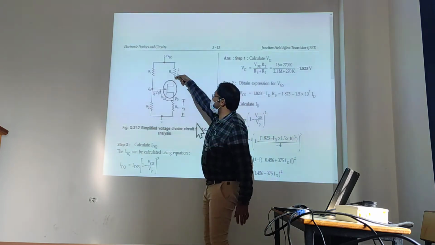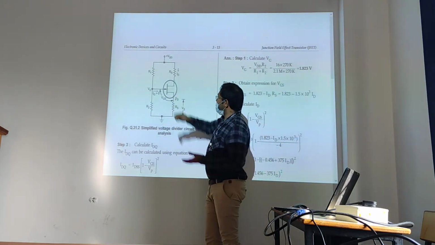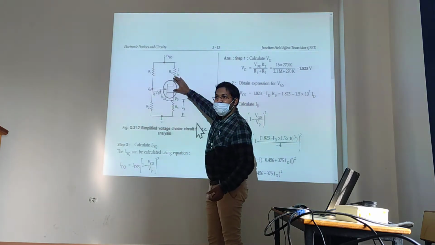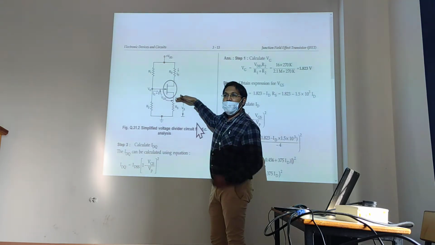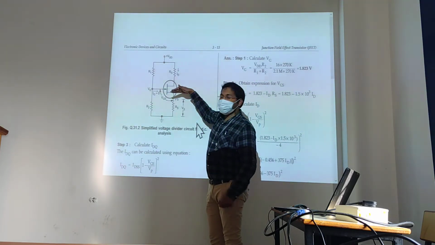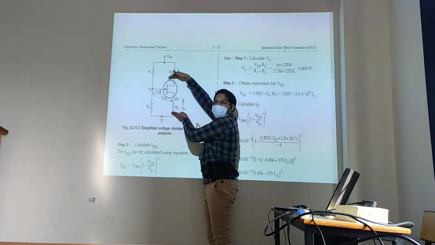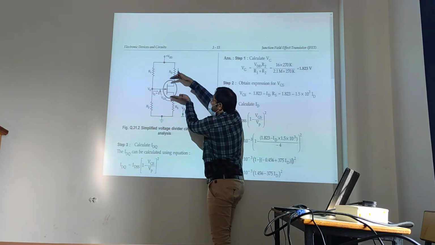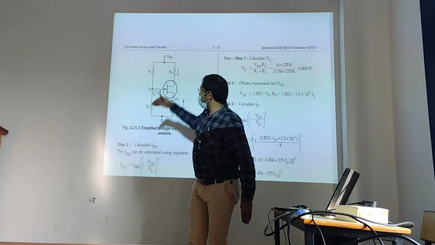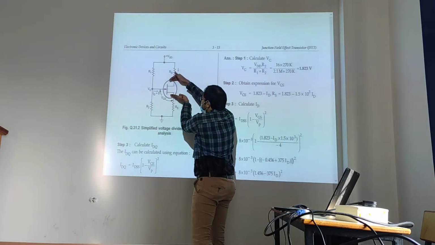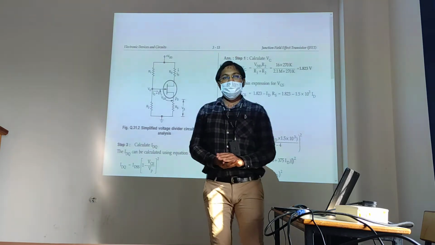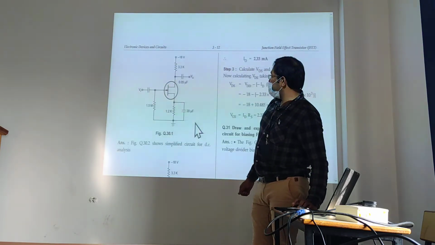So this voltage VD will be VDS plus VS. I told you, you can see it like height from here to here. The total height will be this height plus this height. So VD will be VDS plus VS, right? Then what else are asked in the question?